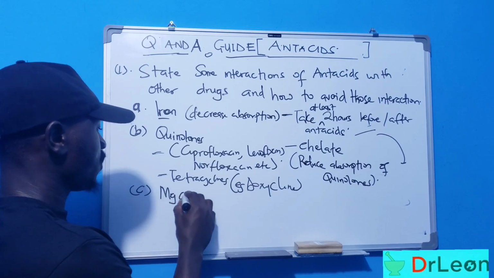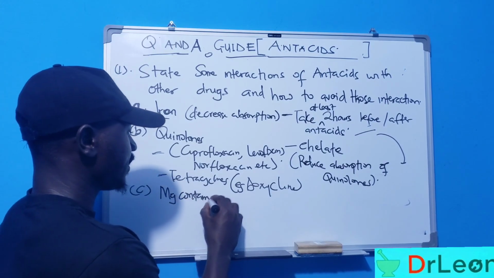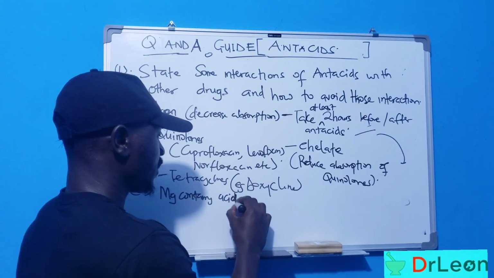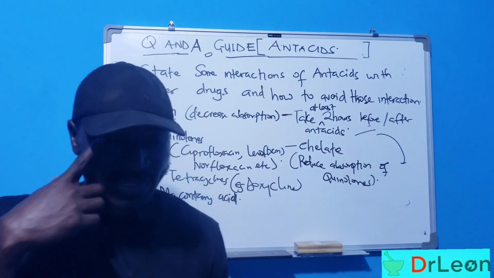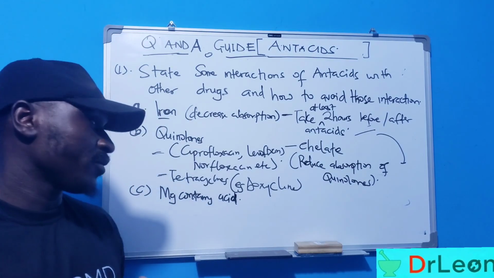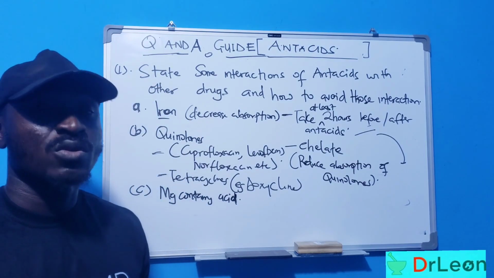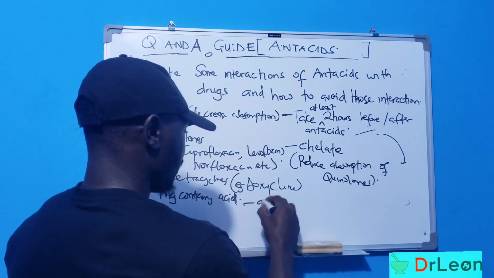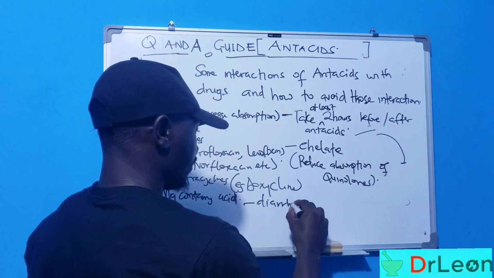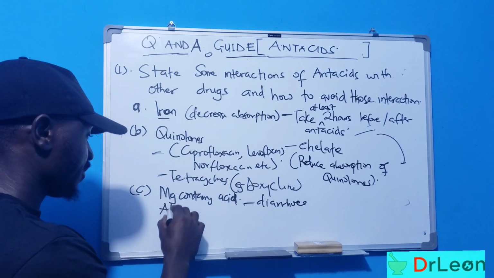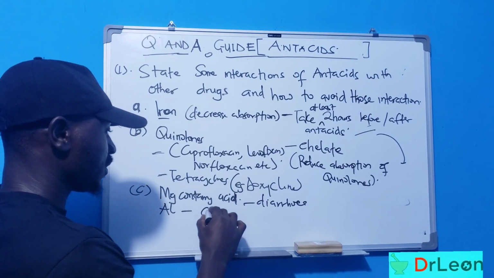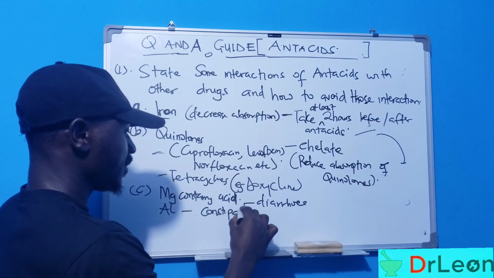The other interaction that we can talk about is magnesium containing antacid. So antacids which contain magnesium alone are known to cause diarrhea. And those that contain aluminium are known to cause constipation.